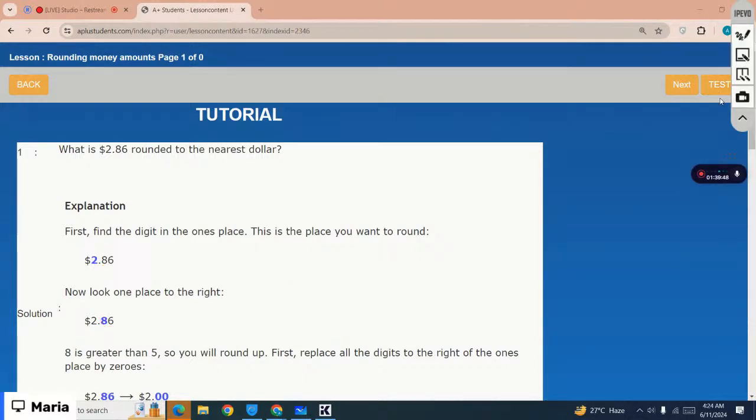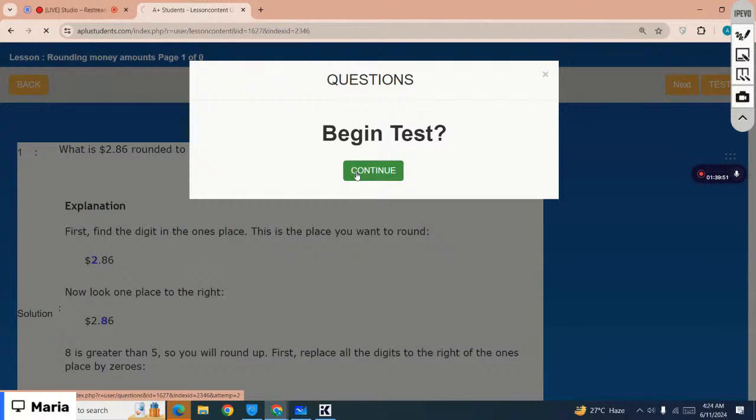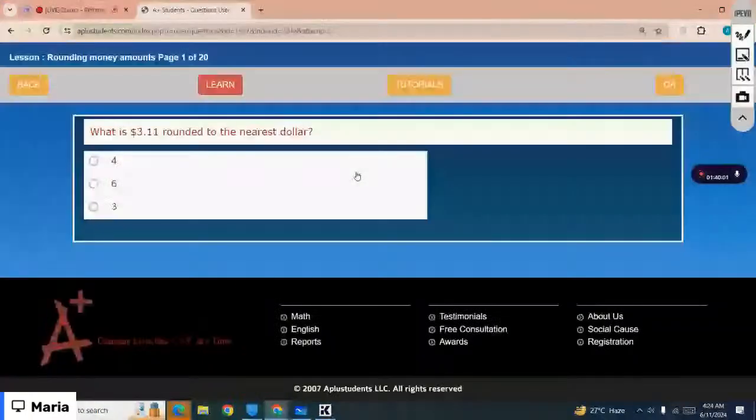Let's just start with the test questions. What is $3.11 rounded to nearest dollar?